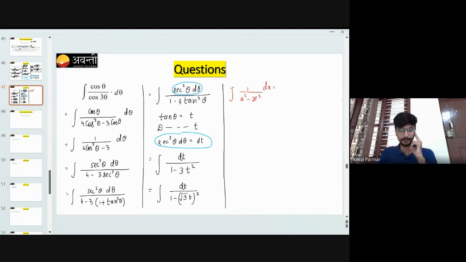What was the formula? It was log mod of a plus x upon a minus x plus c.